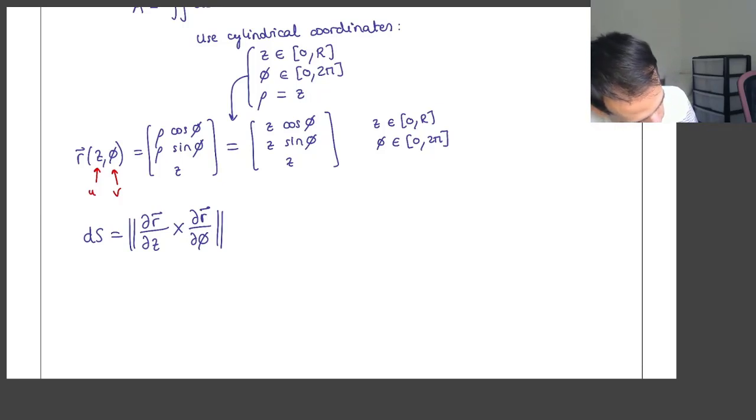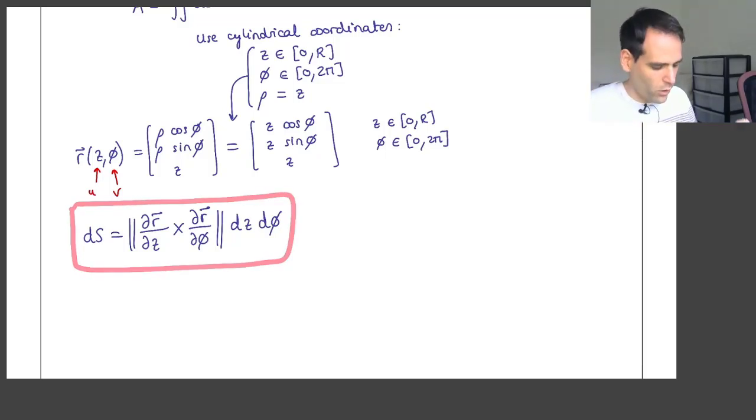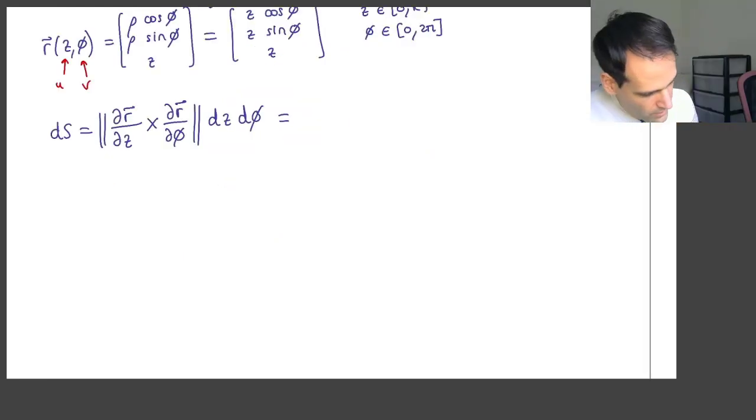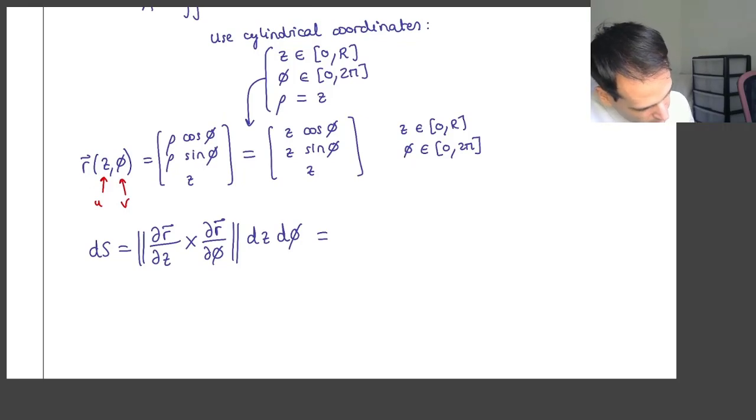So this times dz times d phi, this is the definition of ds, which I give you as a golden box equation. So let's calculate it. Let's calculate the partial derivative of r with respect to z. Okay, so we need to do the partial derivative of this with respect to z.